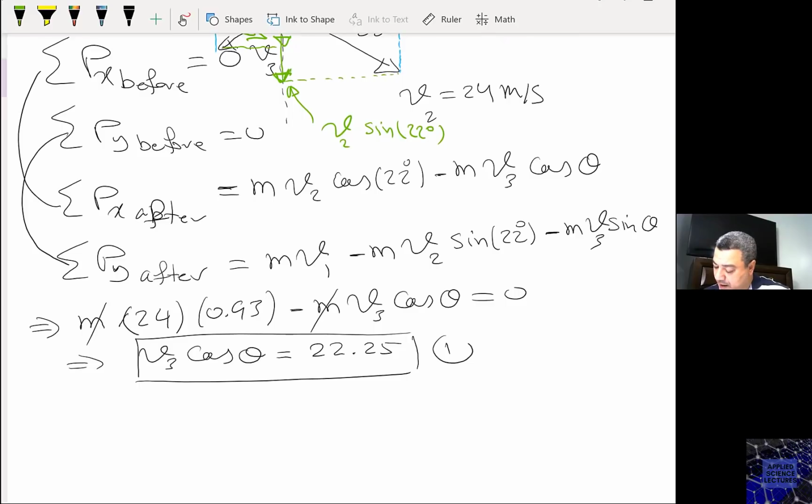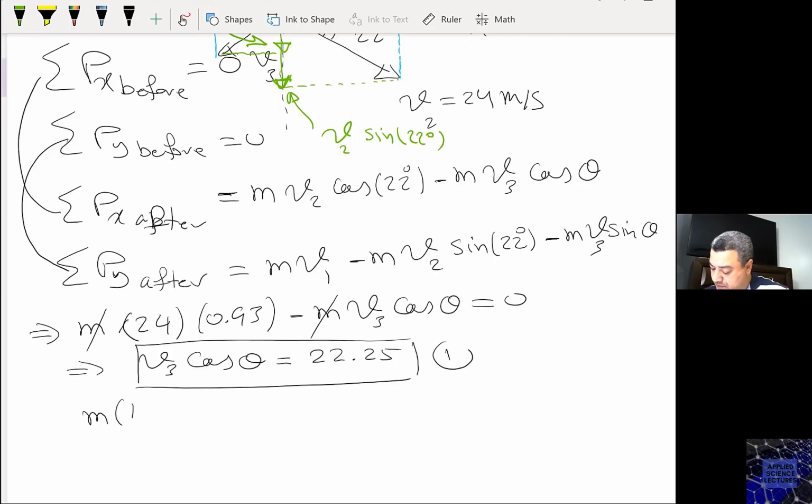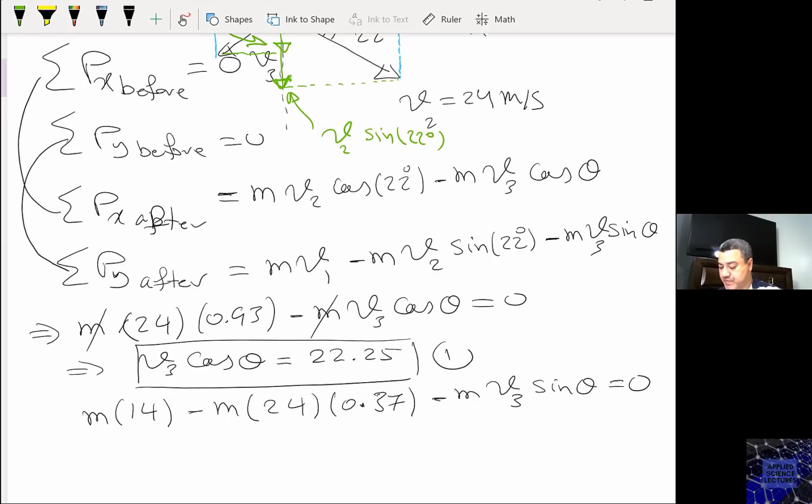I get m v1 as 14 minus m v2, which is 24 sine 22.37, minus m v3 sine theta equals 0, right?